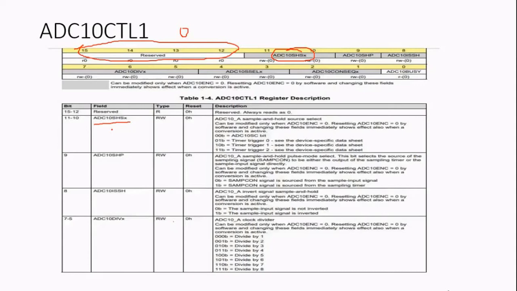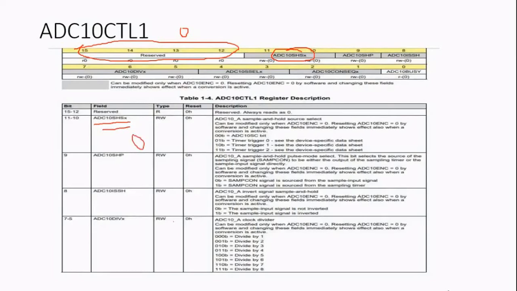when the ENC bit will be selected with the help of ADC 10SC bit or out 0, out 1, out 2 bit. So how can you select that? When it is 0 0, it is ADC 10SC bit.